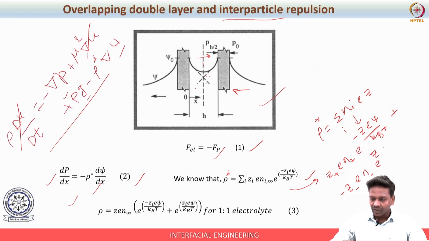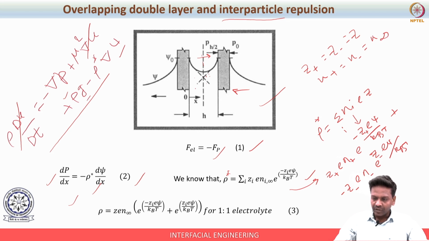So this will be plus, and this will be e psi divided by kBT. If you assume that there are equal numbers of Na and Cl, so Z plus equals Z minus equals Z, you can assume that. Similarly, N plus equals N minus equals N infinity.